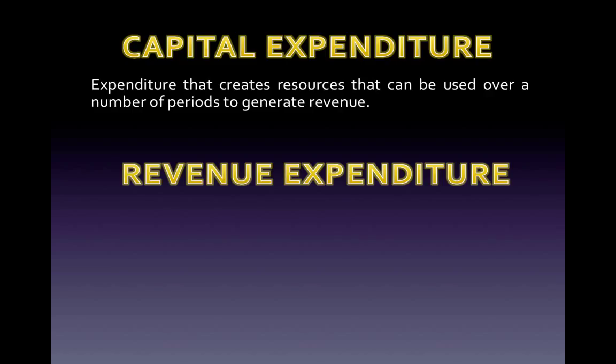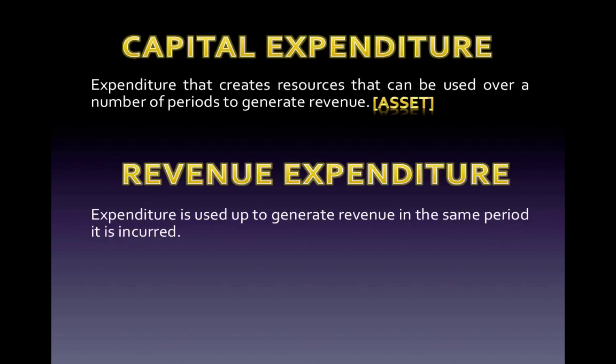So when you incur expenditure to create resources that can be used over a number of periods, we call it a capital expenditure, and you generate an asset. So if you pay money to buy supplies, and the supplies can be used in the future, then the supplies represent an asset. What you have paid to buy represents an asset.